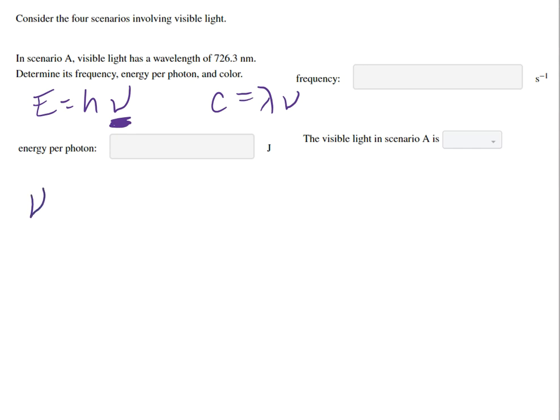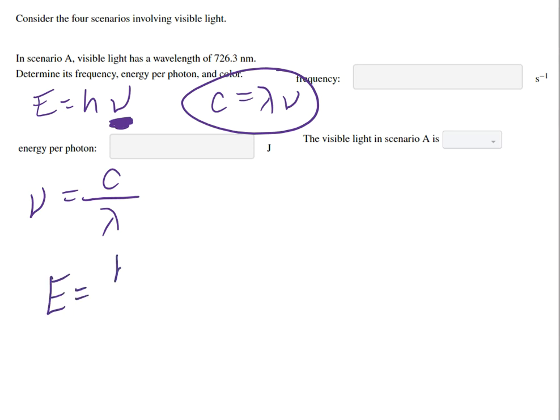As we saw earlier in this video, if we rearrange this second equation, frequency is equal to c over lambda, the speed of light divided by the wavelength. So I can substitute that in place of the nu symbol, and I would have had the equation E equals hc over lambda.